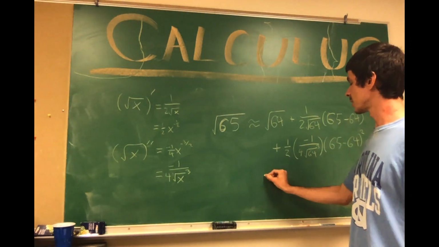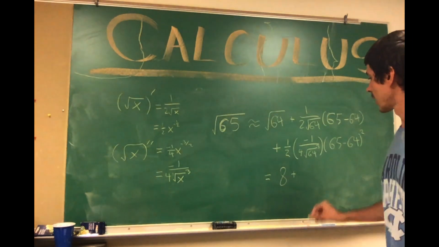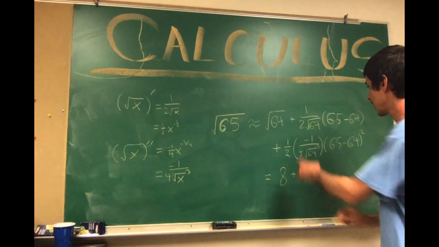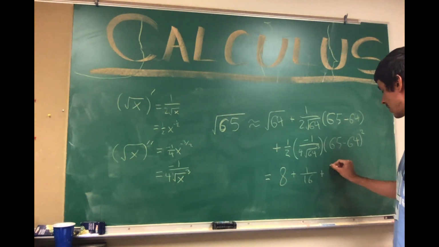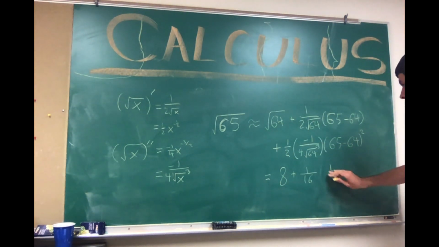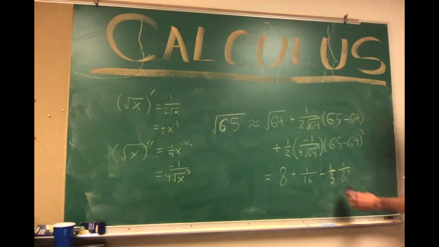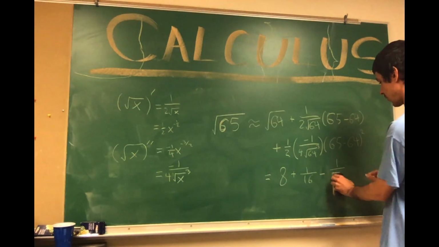So this equals 8, this is the square root of 64, 8 plus 1/16. This is what we had before. And then plus 1/2 of, with the minus sign out, so minus 1/2 of 1/4, so we have 1/4 minus 1/8 times 1/8 cubed. Of course, 1 squared is still 1. So this is going to be 1 over 8 to the 4th.